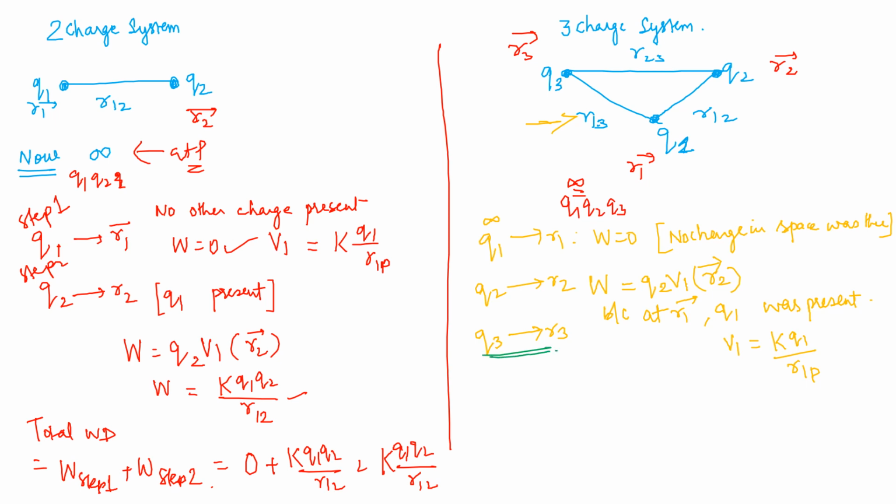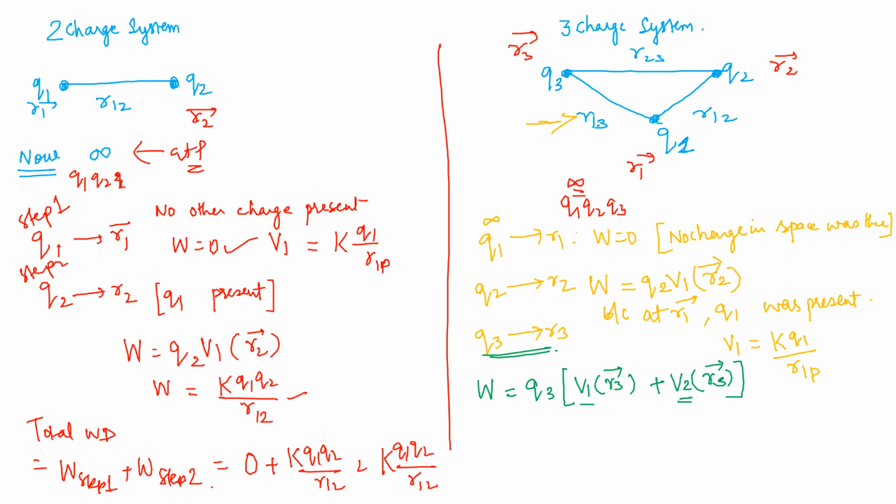Now we will define it for Q3. W equals Q3 into V1 at R3 plus V2 at R3. This is potential due to 1, potential due to 2.